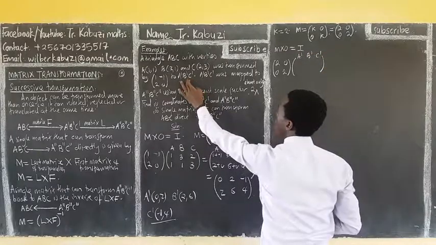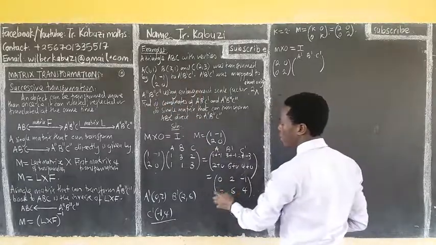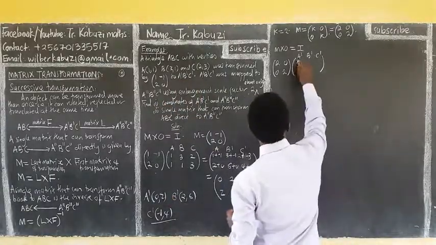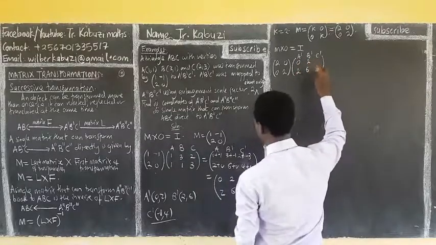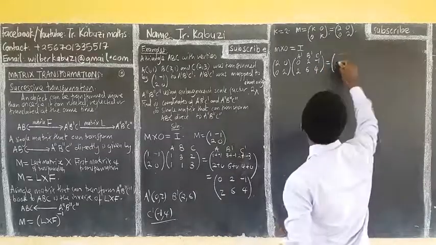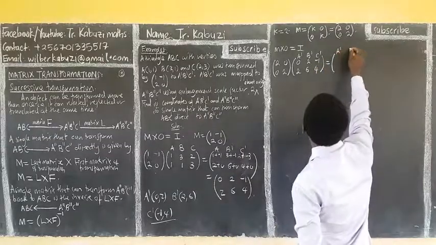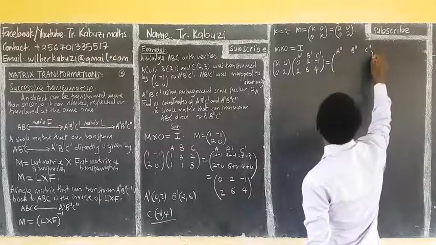So that's why I'm using these coordinates for A prime, (0, 2), then (2, 6), then (-1, 4). When I multiply them, I get A double prime, B double prime, then C double prime.